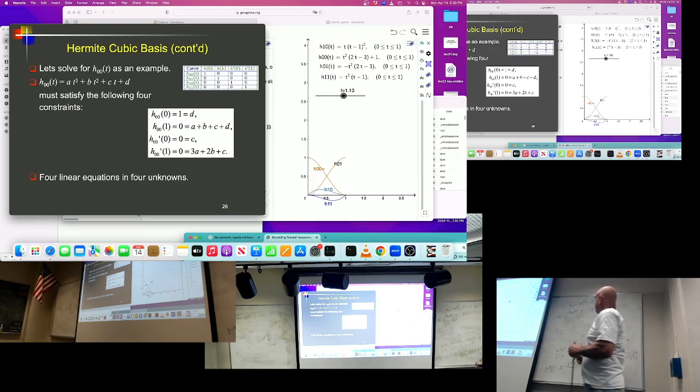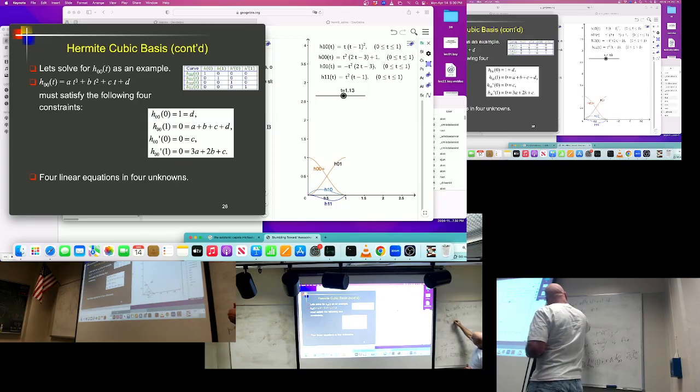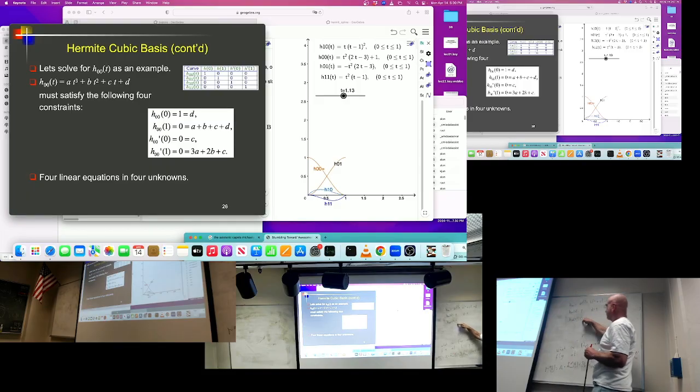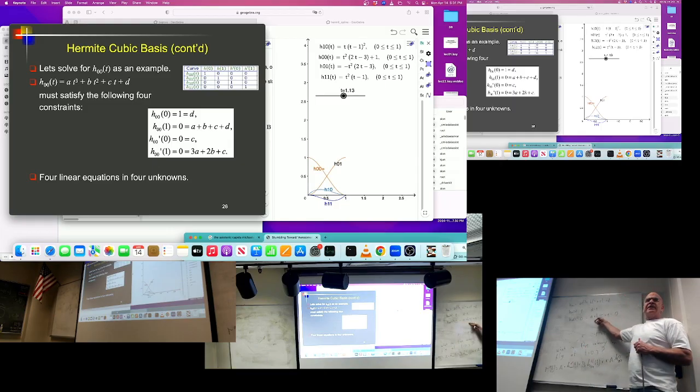Now, H00 at 1 should be 0, that's a requirement, which means that a times 1 cubed plus b times 1 squared plus c times 1 plus d, which we know is 1, equals 0. So now I have one constraint about a, b, c.